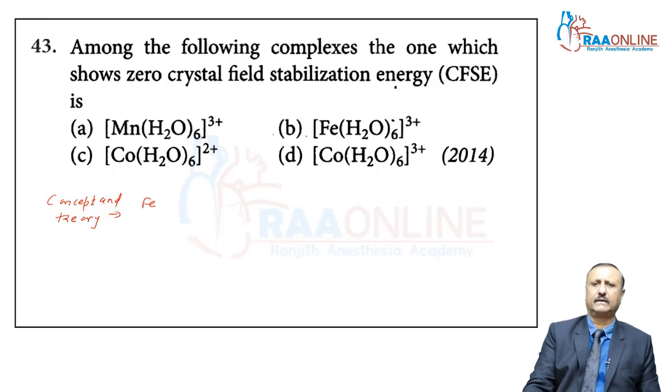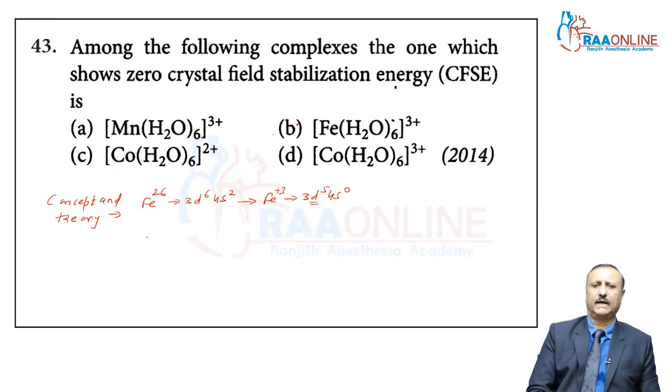In iron, the atomic number is 26, the electronic configuration is 3d6 4s2, and when iron is in the +3 oxidation state, you get 3d5 4s0. This electronic configuration is present in Fe3+.